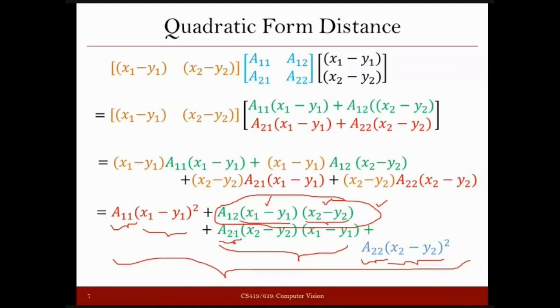So depending upon how close the two features are, or how much they are related to each other, you can give less or more weight. Suppose the two features that you are going to combine are very much related. Then we would like to give more weight to these values, A12 and A21. If they are not very related, then we will give less value.